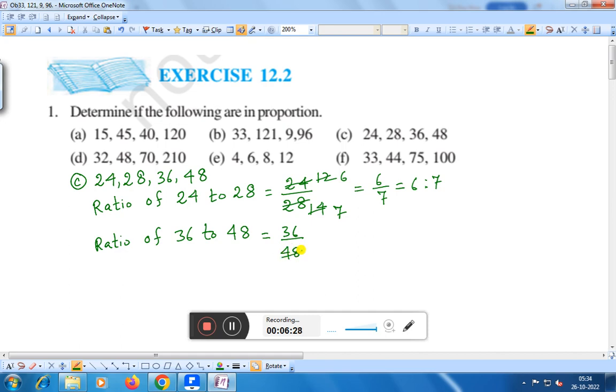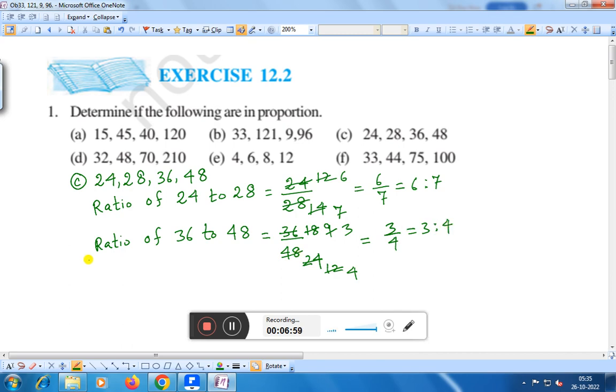If we divide it by 2, we get 18 by 24. Again by 2, 9 by 12. Again you divide by 3, that is 3 threes are 9 and 3 fours are 12. That is equal to 3 by 4, and that comes to 3 is to 4.